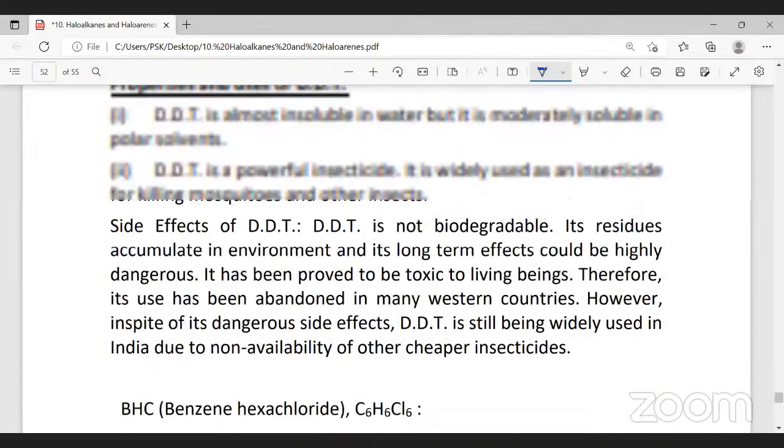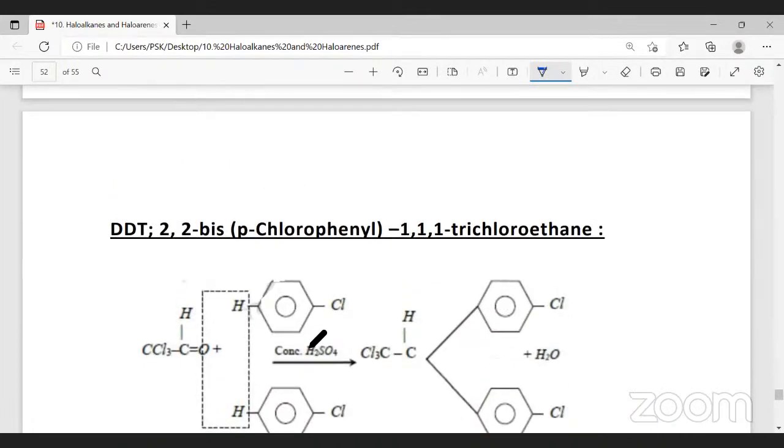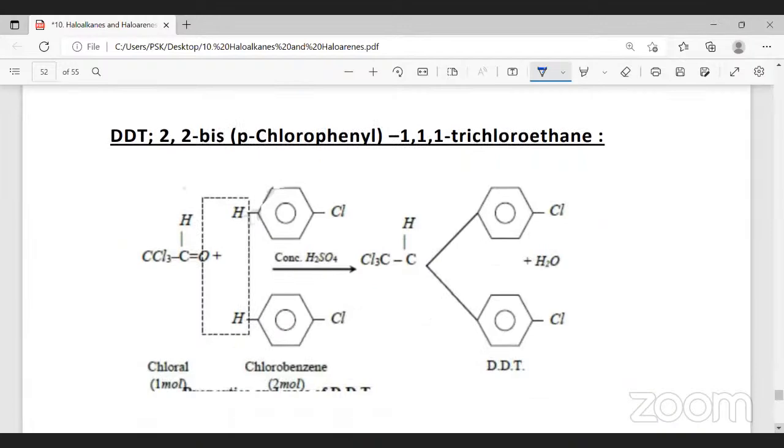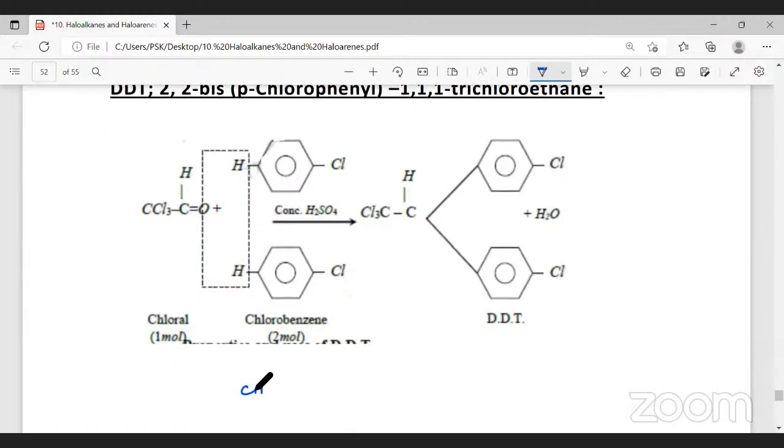Now, DDT, you remember DDT, how do you prepare DDT? This is important. DDT is prepared by the reaction of chloral. Chloral is trichloroacetaldehyde, CCl3 and CH double bond O. This is treated with chlorobenzene, two moles of chlorobenzene. One hydrogen here and Cl, and one more hydrogen of the second chlorobenzene molecule here and Cl.